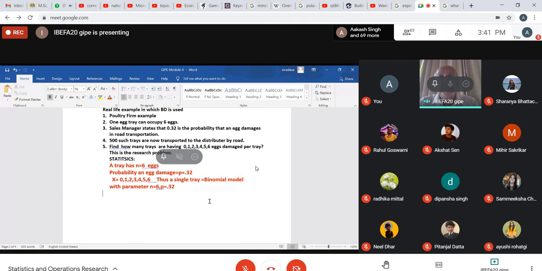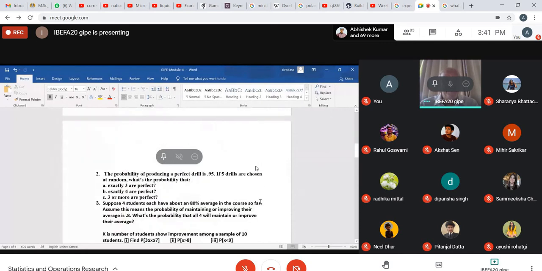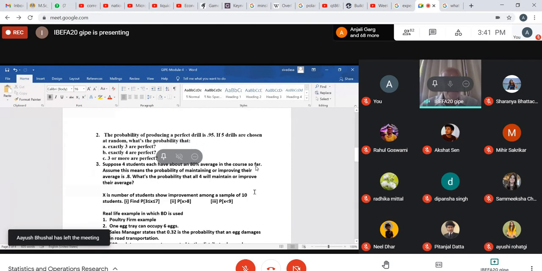Here a group of 6 eggs. In the second question, 5 drills. Here 6 eggs. In the third, 4 students. The last, 10 students. Here it is 6 eggs.